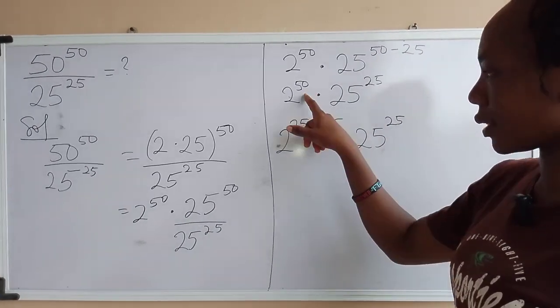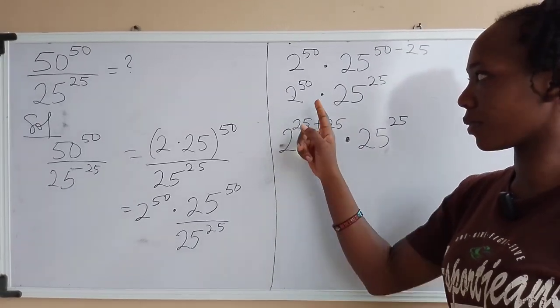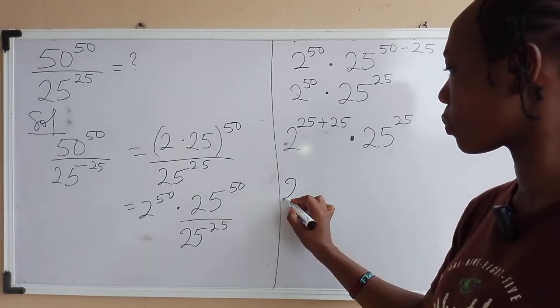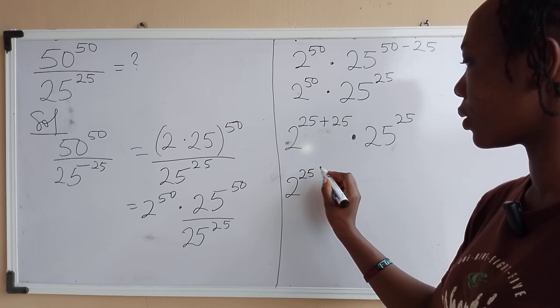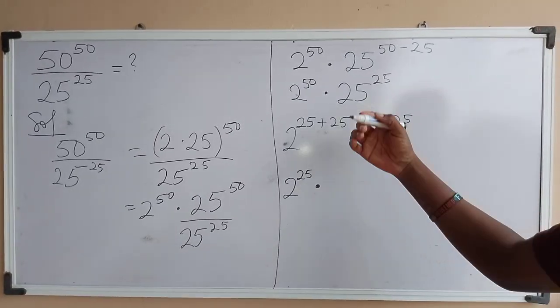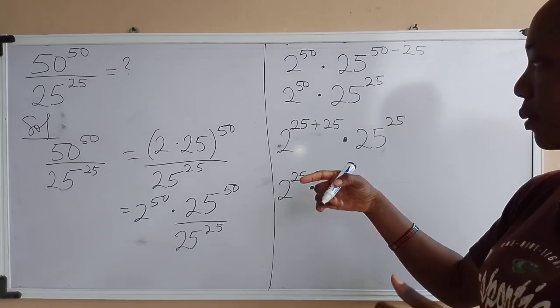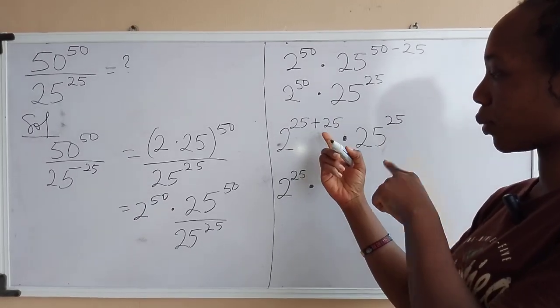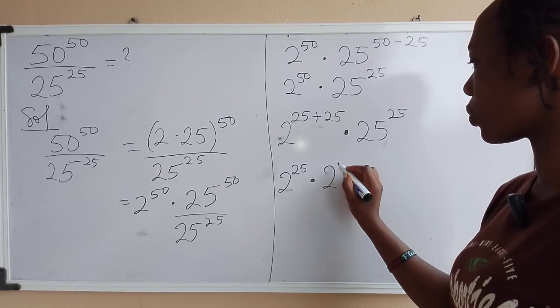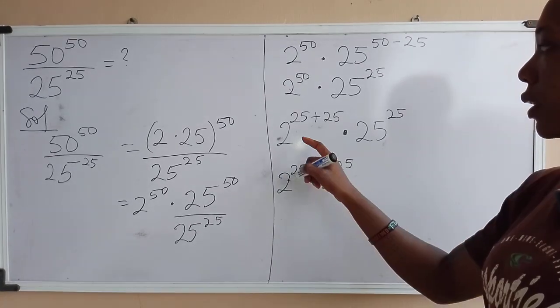This means this. 25 plus 25 is 50. Still the same thing. So we're going to split them. 2 to the power of 25 dot. Are you seeing it now? Can you see the way we switch from changing to plus and going back again to the product? So 2 to the power of 25, that's what it means.